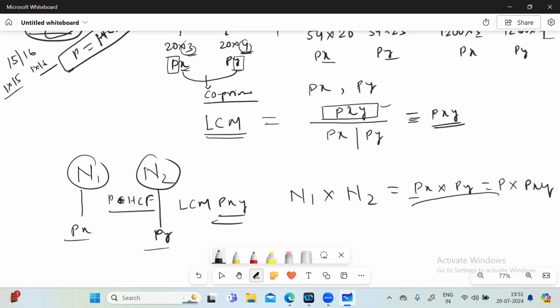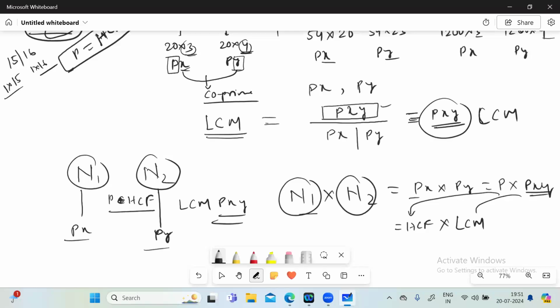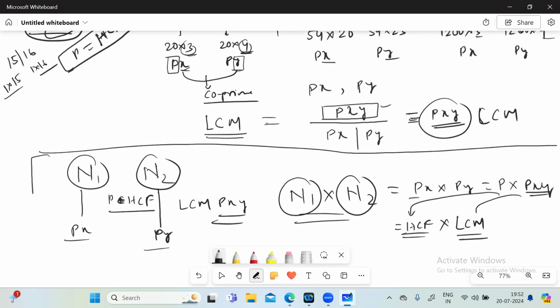So here P denotes your HCF and Pxy denotes the LCM, that I've already explained to you. So for two numbers, the multiplication of those numbers is the multiplication of HCF into LCM. Now this is not true for three numbers or four numbers together. This is true for two numbers only.